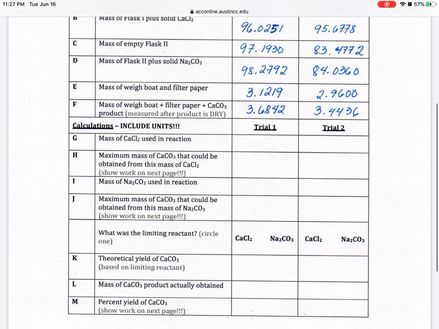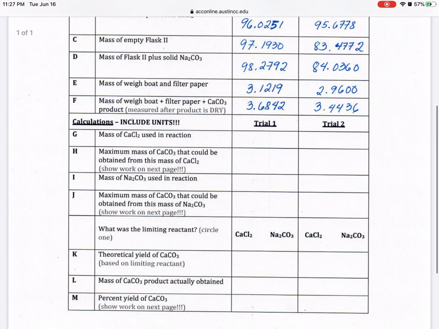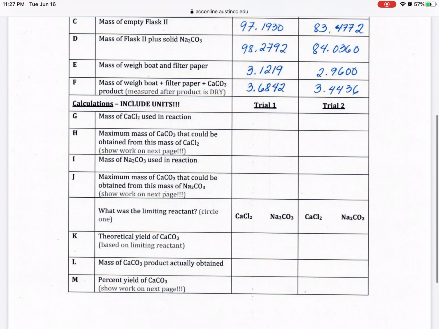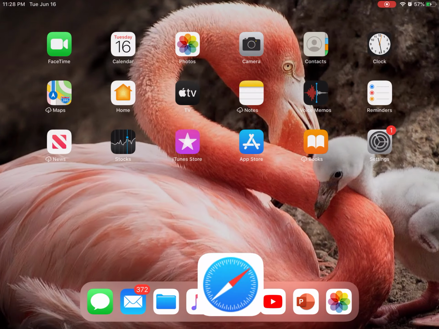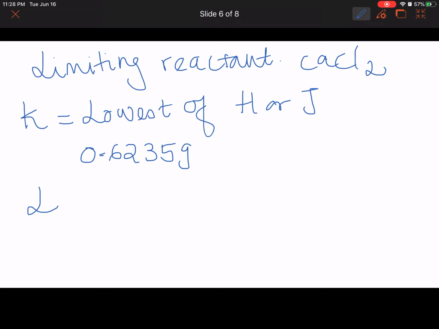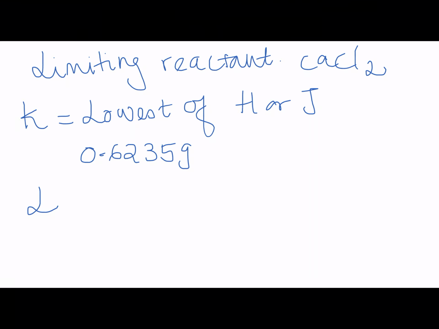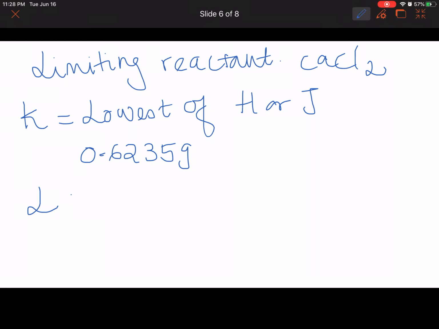F is the mass of the weigh boat, filter paper and the calcium carbonate. So F minus E would be the mass of calcium carbonate actually obtained. L equals F minus E, and when you do that calculation it would be 0.5623 grams. That's the actual yield, how much we made from our experiment.